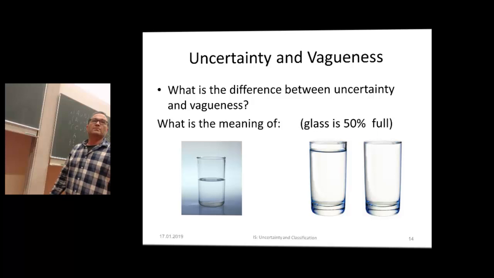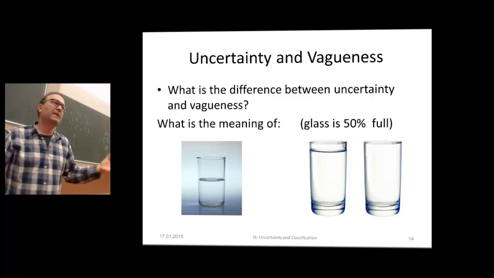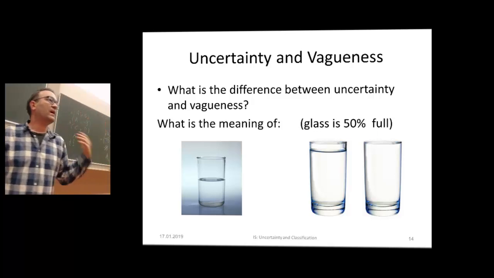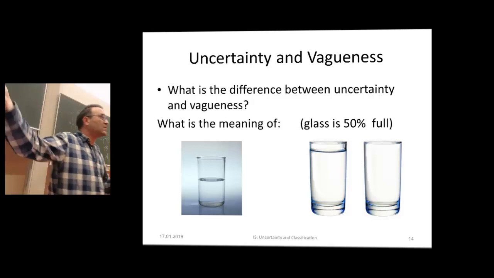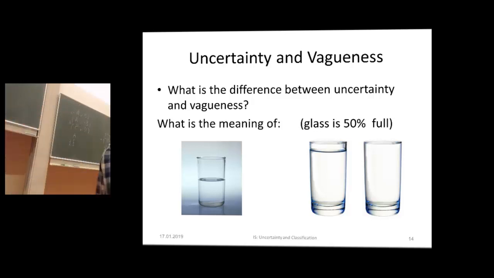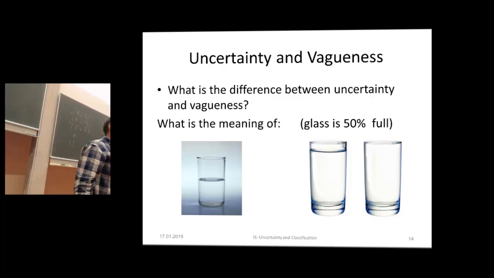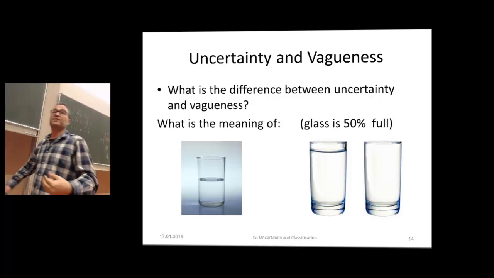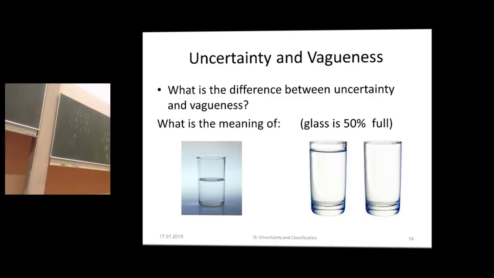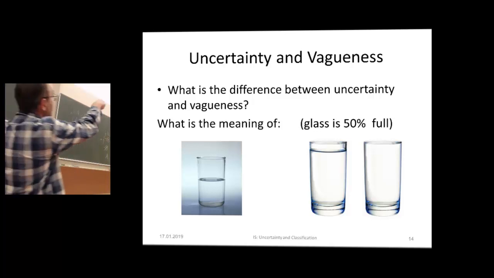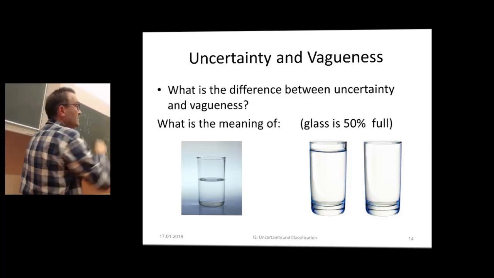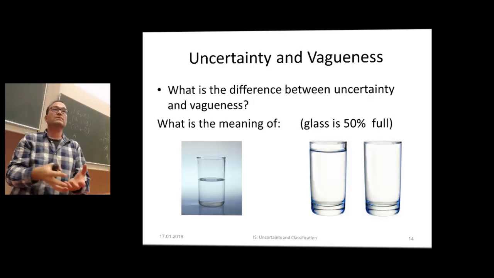But the weather example might even be better, where outside I don't have enough information. Here the chance that the glass is full, and that's what this term might confuse you, the chance that the glass is full is 50%. And this is the vagueness of the information.